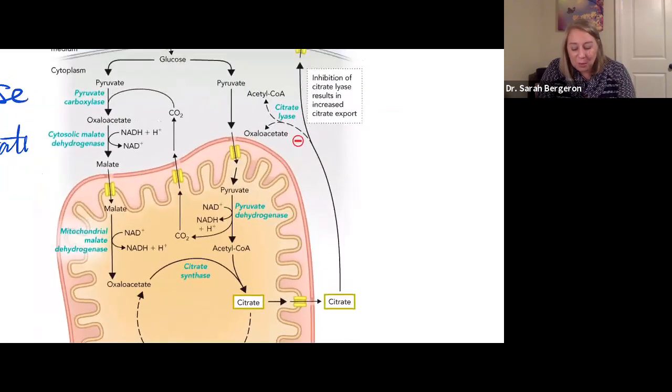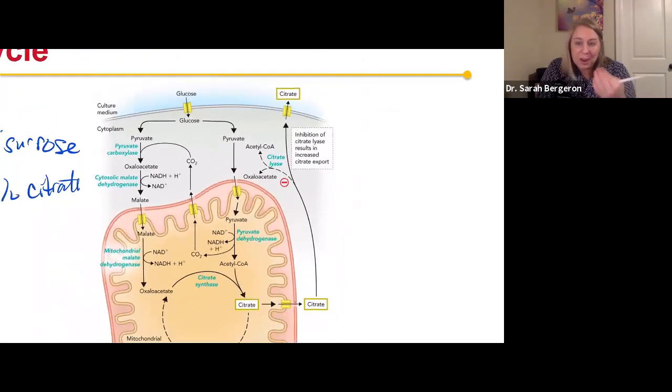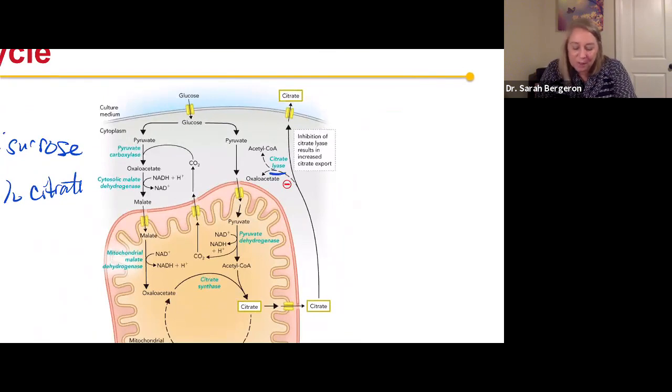And so we know that when you bring in glucose, a sugar, sucrose, whatever it is, we're going to go through glycolysis, right? We're going to make pyruvate, and then we're going to go through our citrate cycle. Well, what we can do is select for strains of mold that can't make citrate lyase.